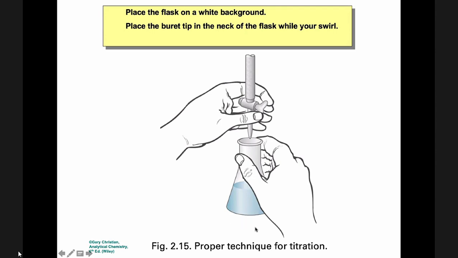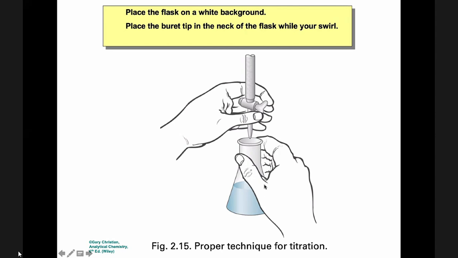You should have a bond paper underneath, if you are not yet adept at color changes, because you will also be having indicators. Next, place the burette tip on the neck of the flask while you swirl the Erlenmeyer flask. But now it's easier because we already have the magnetic stirrer. It's no longer manual.